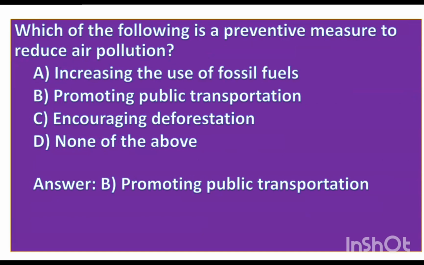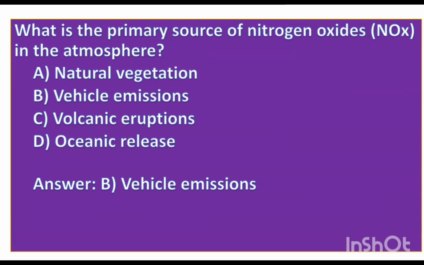Options: increasing the use of fossil fuels, promoting public transportation, encouraging deforestation, none of the above. Answer: promoting public transportation. What is the primary source of nitrogen oxide in the atmosphere?